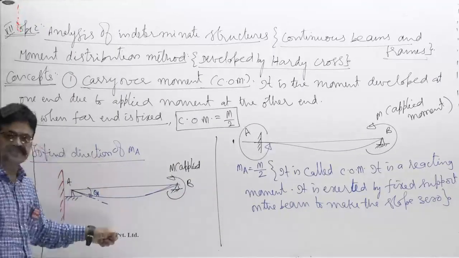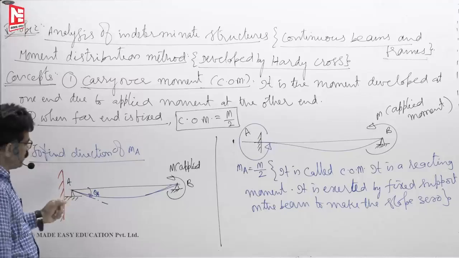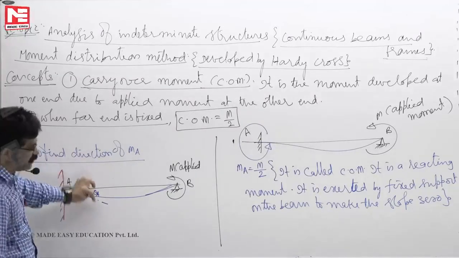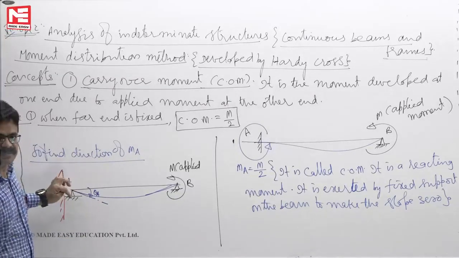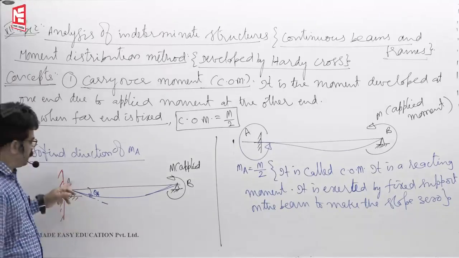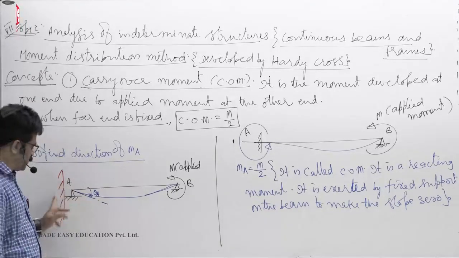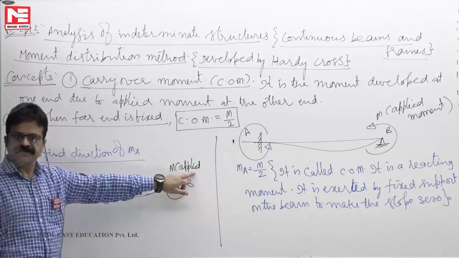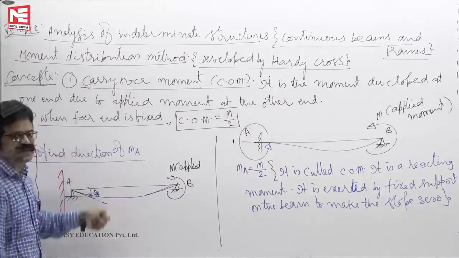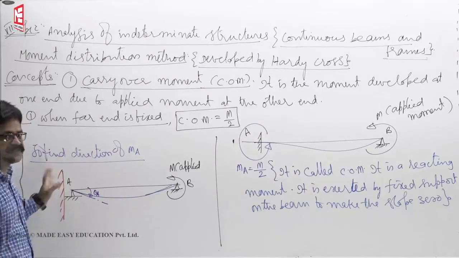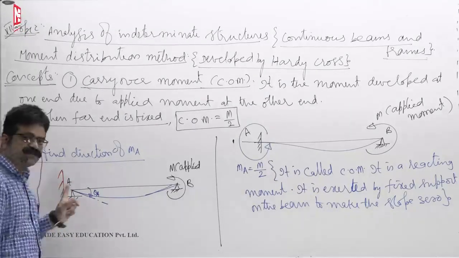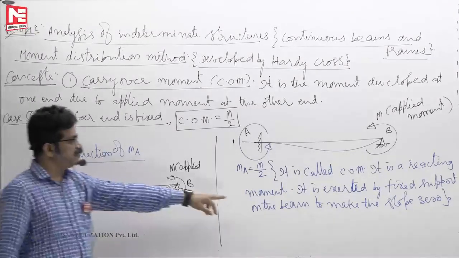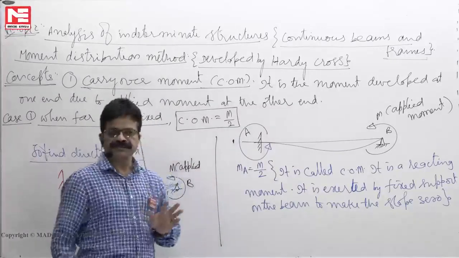Now for the reaction, if you put it clockwise, then what will happen? With a clockwise moment, theta A will increase. It will not decrease. The purpose of the fixed support is not to keep this in equilibrium. Anti-clockwise applied, so I have to apply clockwise, is not the purpose of the fixed support. The purpose of the fixed support is to make the slope 0.